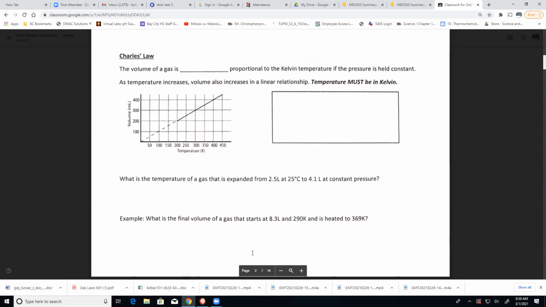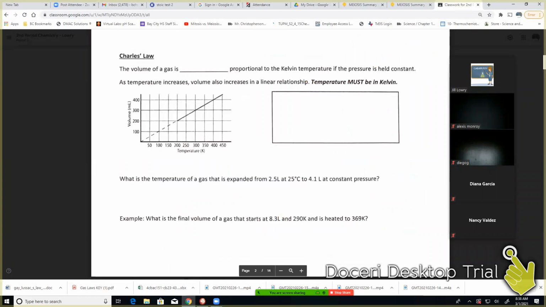So with Charles's law, we're holding the pressure constant. So that means that we're comparing the volume and the temperature. And the volume of a gas is directly proportional to the Kelvin temperature, which means if I increase my temperature, then it's going to increase the volume, because if I increase my temperature, I put more energy into the system, the particles spread out more and the volume would increase.